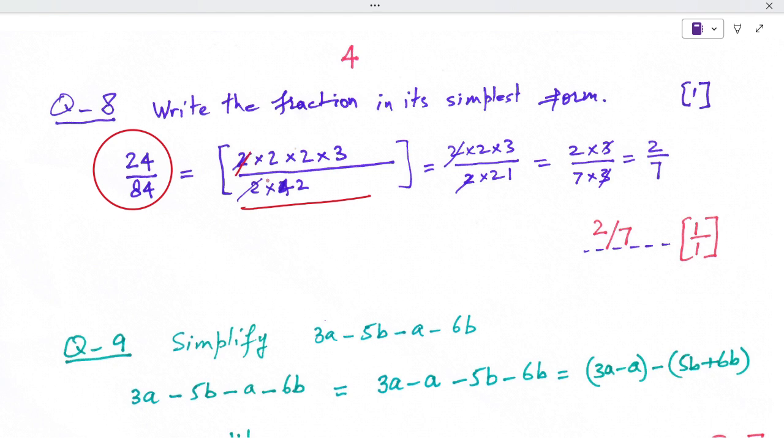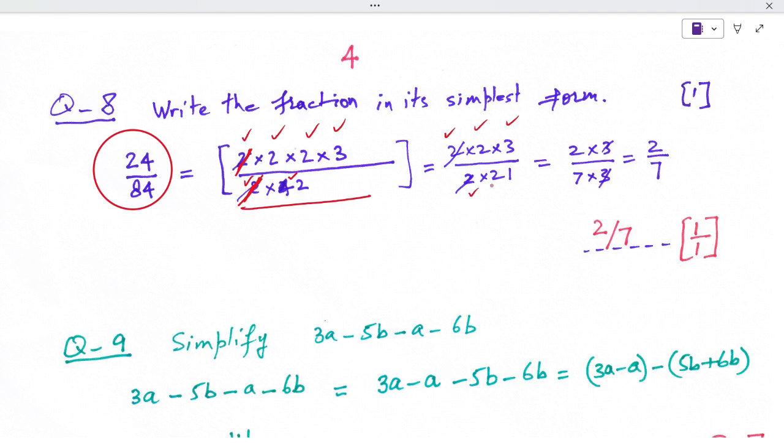You can see in the first step, 24 has been divided into 2 into 2 into 2 into 3, and 84 has been divided into 2 into 42. I cancel the first 2, and then again I am left with 2 into 2 into 3 in the numerator, and I divide 42 with 2.